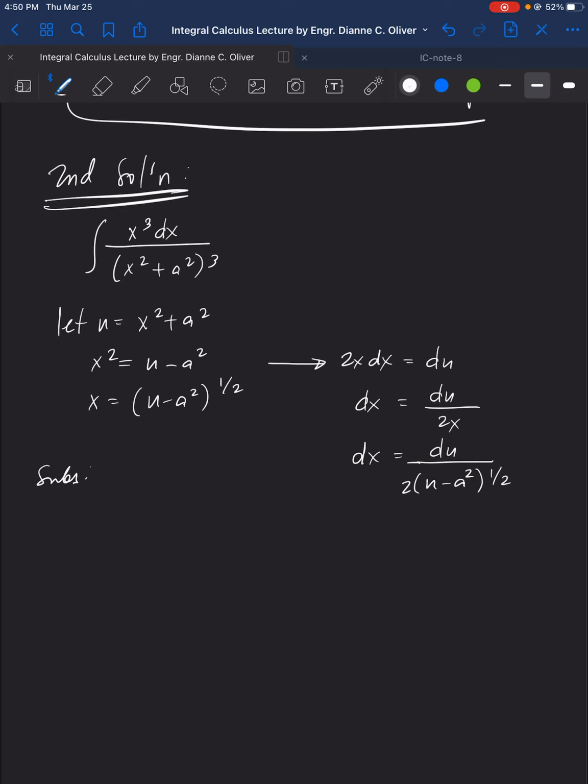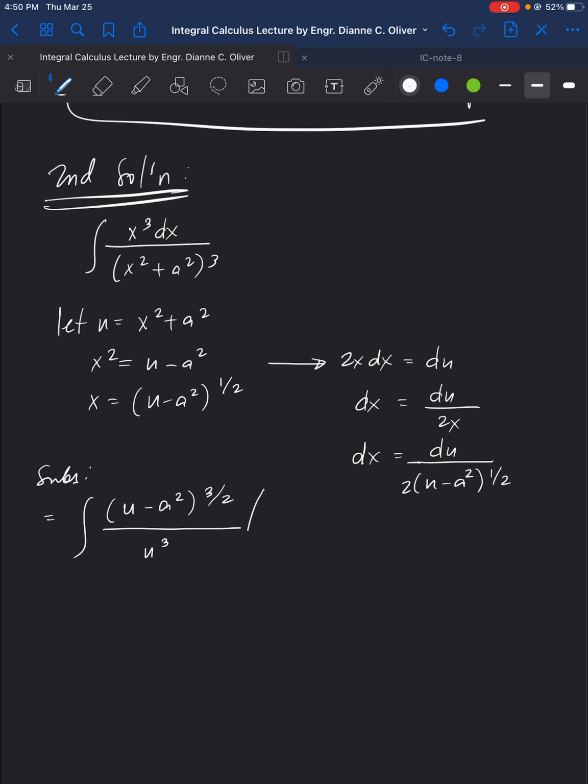Substitute. Then we have for x here, u minus a squared raised to 3/2. Then this portion here will become u raised to 3.